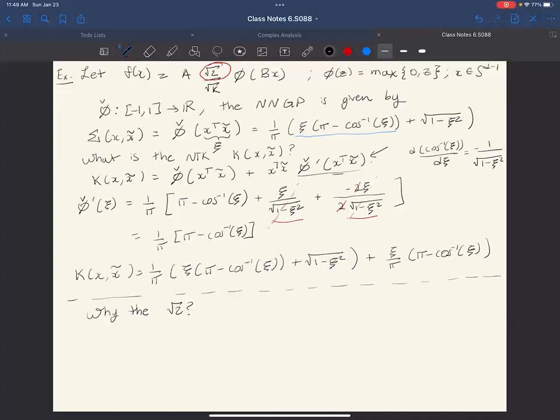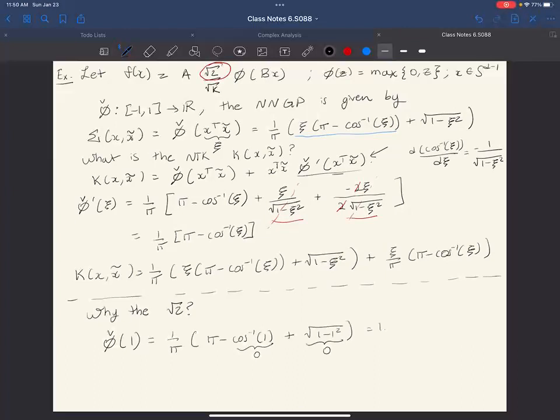So first of all, check that phi hat of 1, the dual of phi at 1, well, this is just 1 over pi times pi minus cosine inverse of 1 plus square root of 1 minus 1 squared. Cosine inverse of 1 is just 0. This whole part is just 0. So this is exactly 1. And now where is this root 2 coming from?